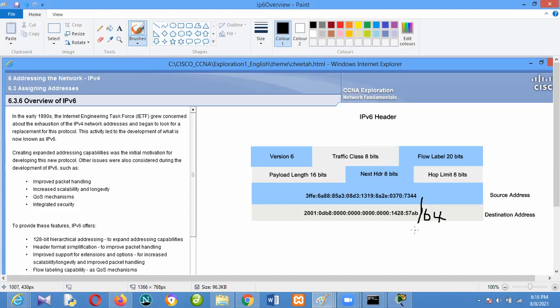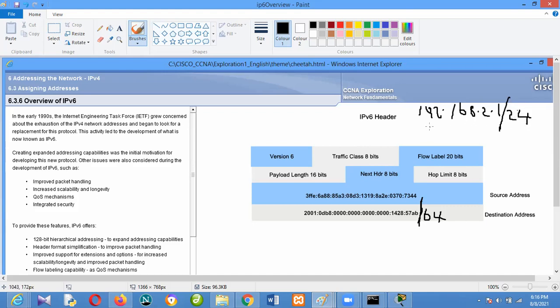Just as we had with IP4, when you have this prefix length, it's actually telling you the size of the bits that belongs to the network, just as when we had something like 192.168.2.1, for instance, with a /24.